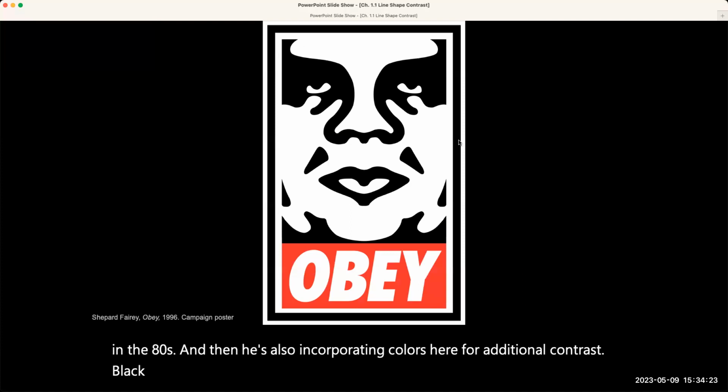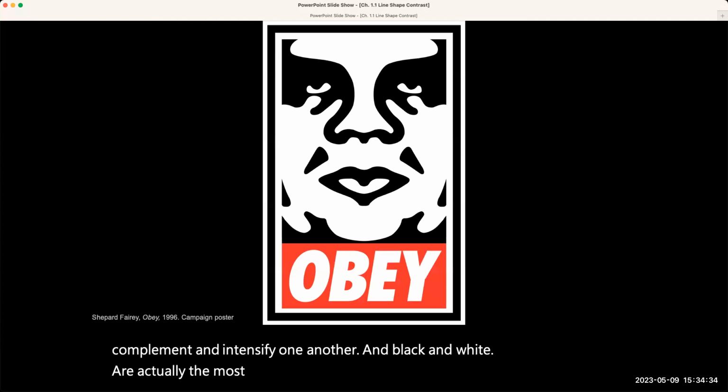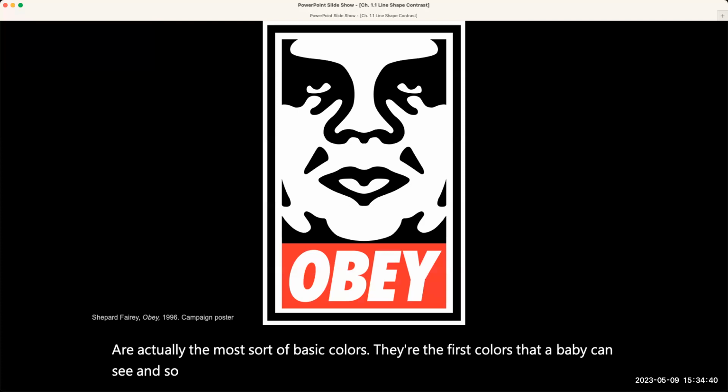Black and white, those are the two most opposite colors. And so they complement and intensify one another. And black and white are actually the most basic colors. They're the first colors that a baby can see. And so that's going to be accessible to any and everyone who walks by.